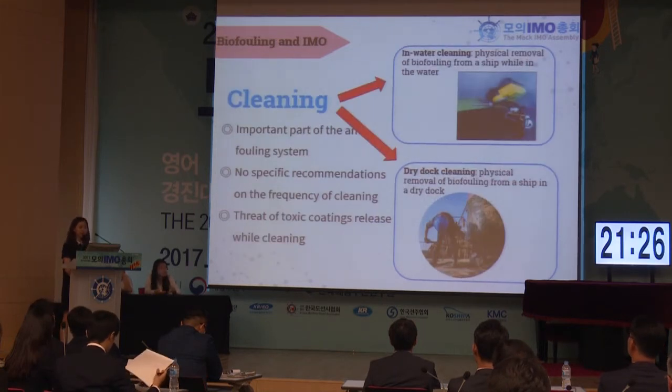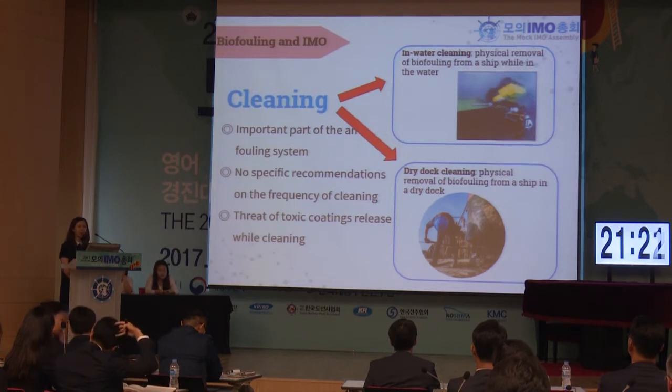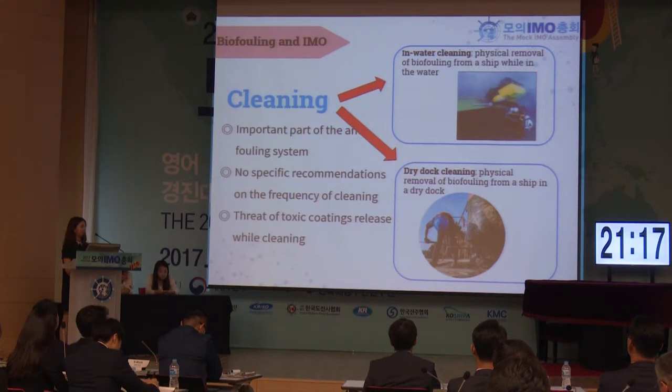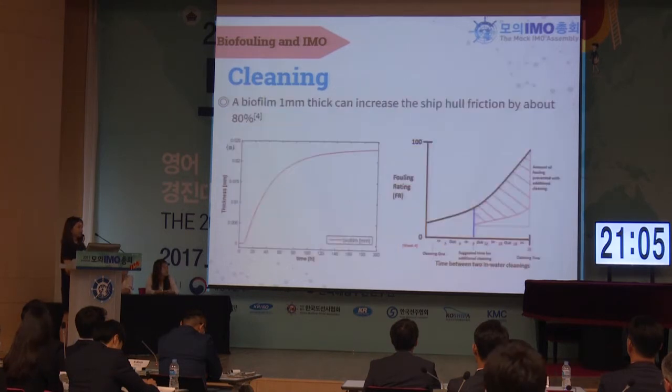Cleaning is also an important method for both preventing and solving problems of biofouling. There are 2 typical measures: in-water cleaning and dry dock cleaning. In-water cleaning is the physical removal of biofouling in the water, and dry dock cleaning is going through the same process in a dry dock. This process might not seem critical, but a biofilm 1 millimeter thick can increase the ship hull friction by 80%.